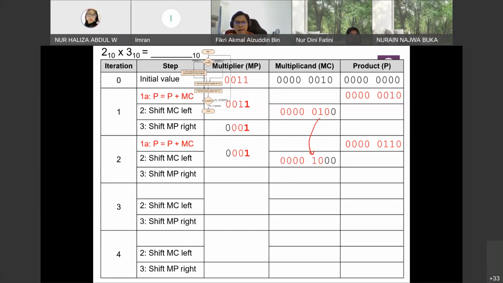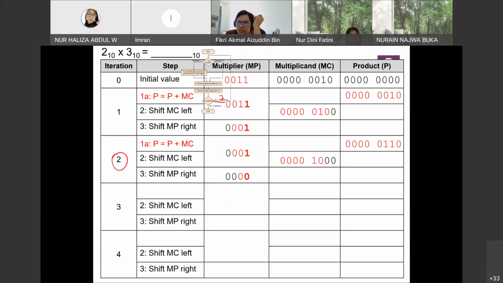And now, number 3. Shift to the right. You kick this one to the right. And what will happen? 0, 0, 0. And there is nothing here, you put 0. That is the answer. Now repeat again because you have done this just 2 times.